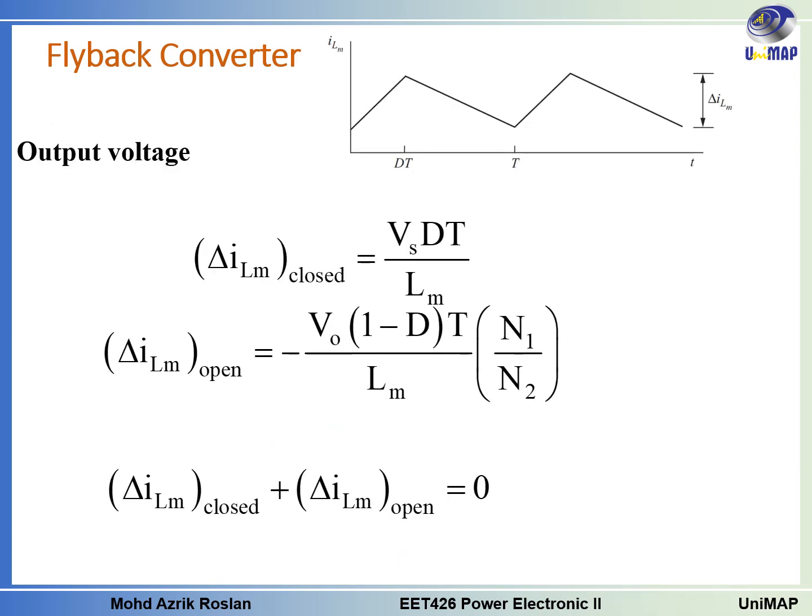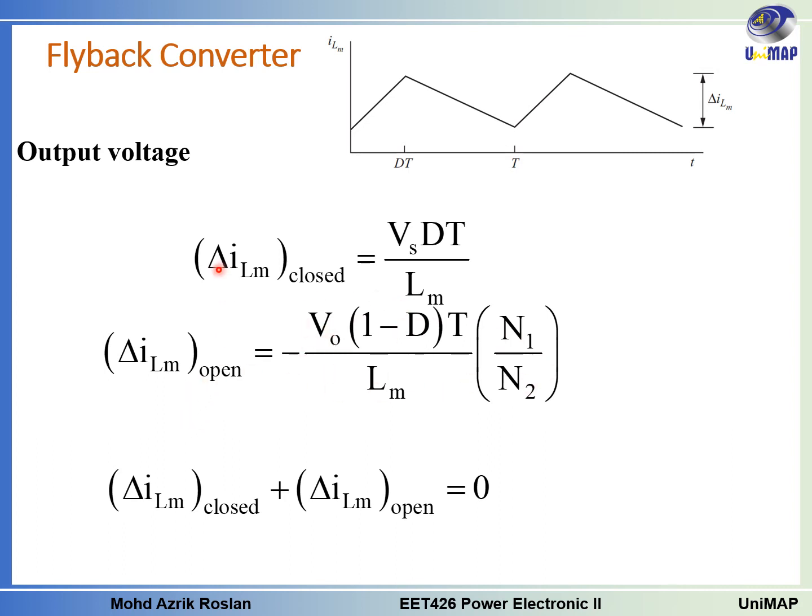Now after we already have the equation for the delta ILM during the switch close, you get this value, and the delta ILM when the switch is open, you get this value. We want to find the relation between the output voltage and the input voltage by assuming steady state balance between the input and output.